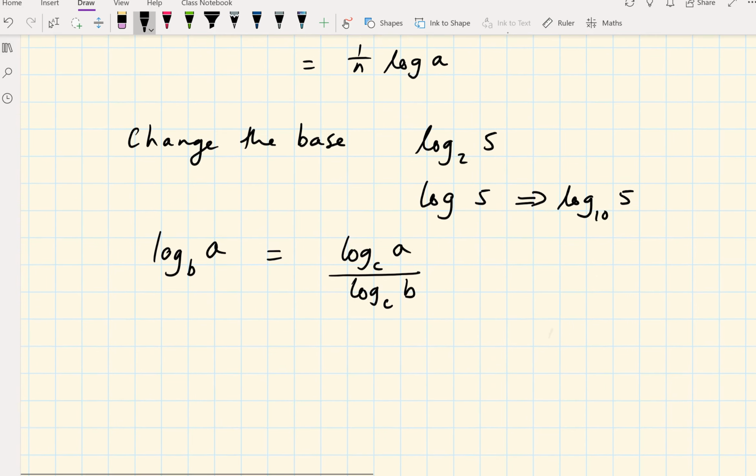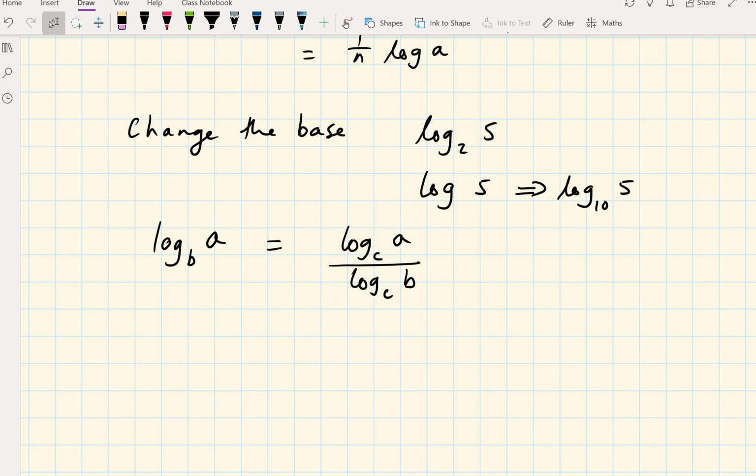This means you can determine what log you want to work with. So if we go back to that example that I put down earlier, log to the base 2 of 5, I can't do that in my calculator because the calculator doesn't work to base 2. But what I can do is I can say, right, this is going to be log of 5 divided by log of 2. Really, we should have a little 10 over there so that we can indicate that we're working with our calculators.